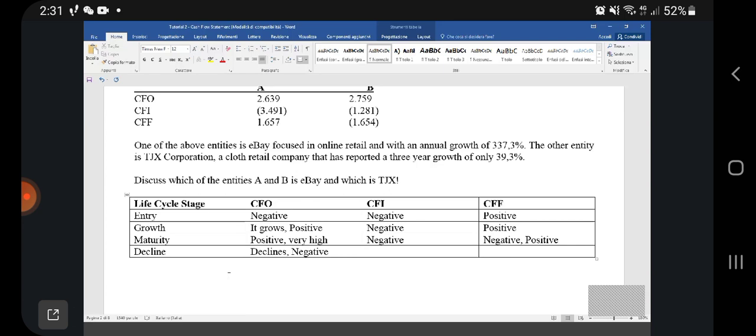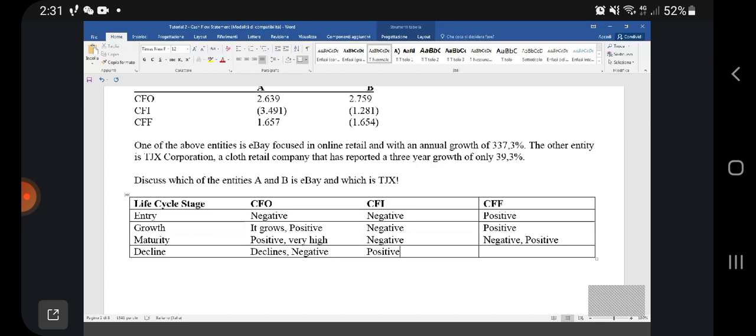What about the cash flows from investing activities? Positive. Finally, this is the only stage in the life cycle when the cash flows from investing can be positive. And actually what really happens with these companies is that as they are going out of the market, they start liquidating all their assets.